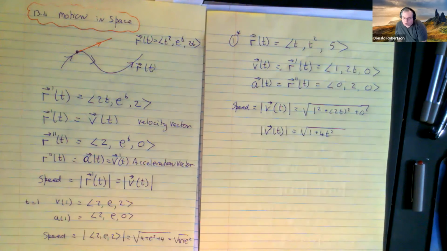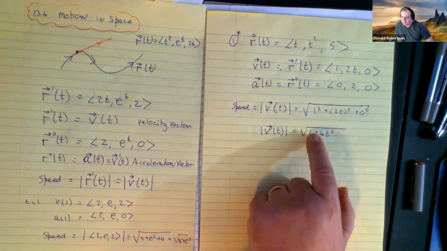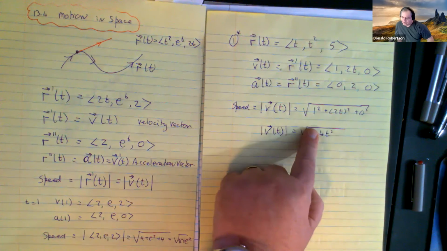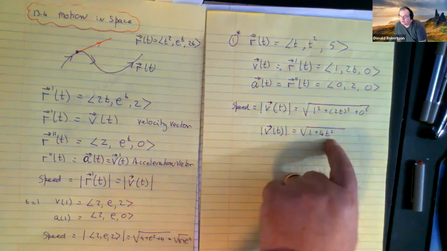No, it's not 1 plus 2t, which even to this day, some of my students still think is a good answer. Square roots cannot be simplified when there's a plus in the middle. If it was 4t squared, couldn't you simplify it and call it 2t? But with 1 plus 4t squared, all bets are off. So that's the final answer. You can't fix it. It's done.